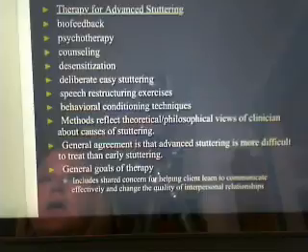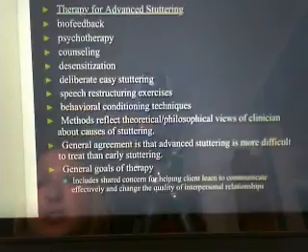So again, with the adult who has a chronic stuttering disorder, it's a combination of these different strategies.